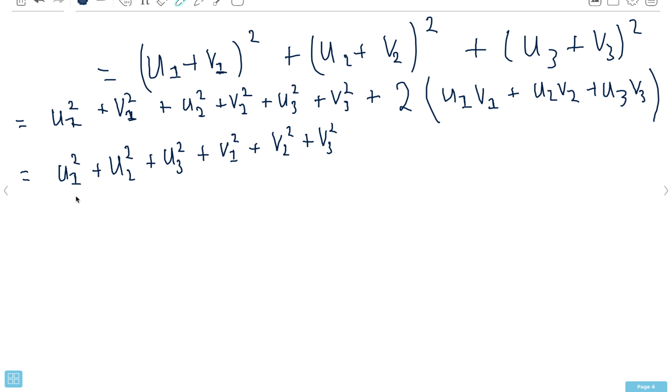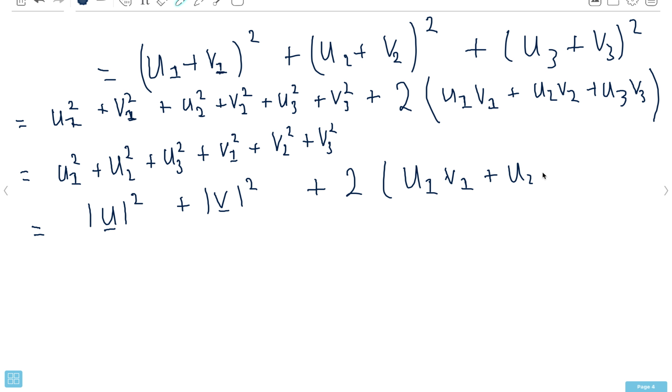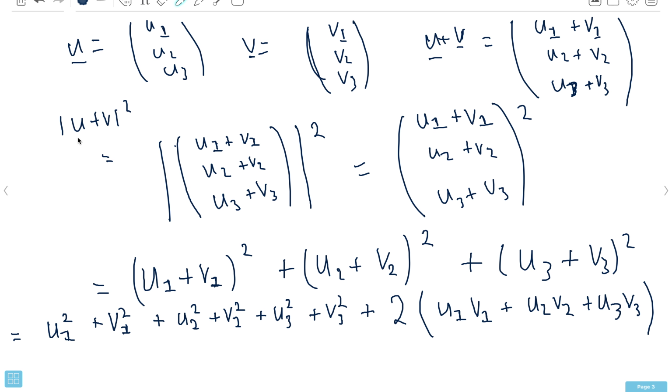Okay, so now we have mod u squared and mod v squared plus 2 times u1 v1 plus u2 v2 plus u3 v3. And remember, all of this, to go back to the beginning, was equal to mod u plus v squared.